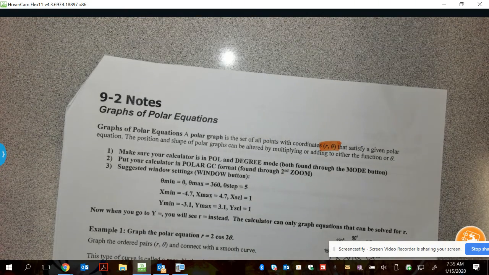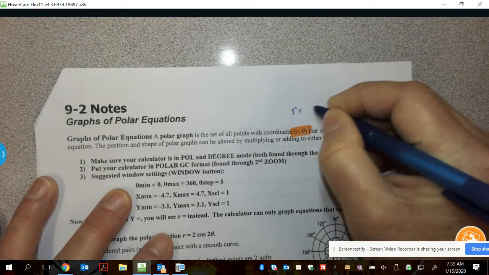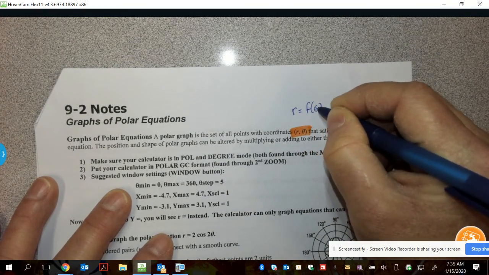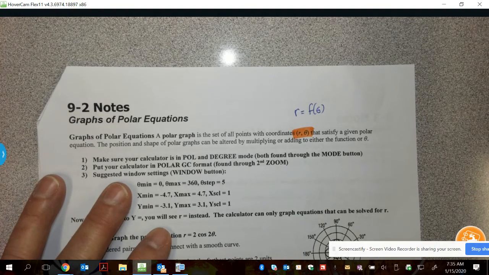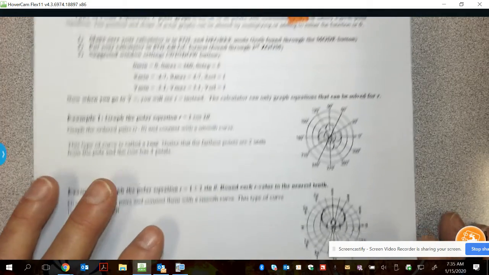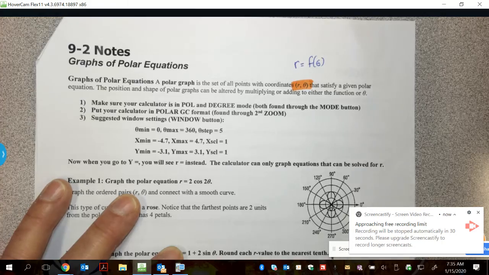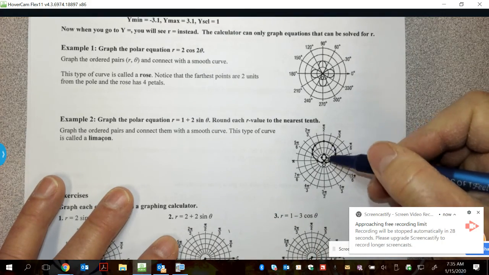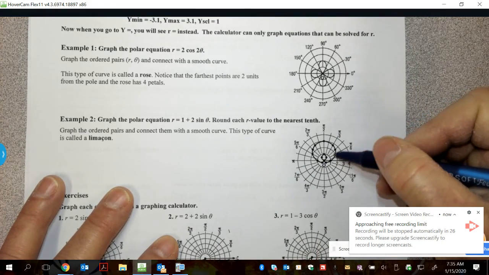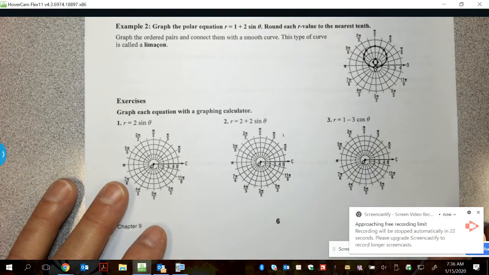So R is equal to a function of theta, and it's going to have a trig function in it every single time. And you're going to plug it in, and you're going to see what it does. But this is for the petals, that's the radius. For these, it's different. So just watch it draw it, and then sketch it. That's all I need you to do is sketch them.